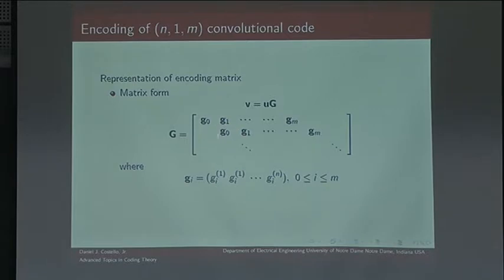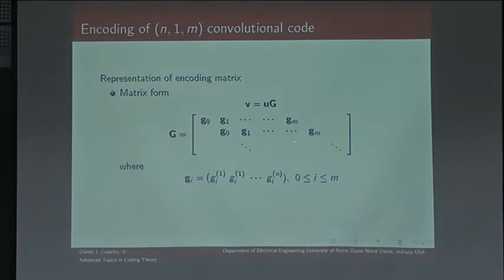The number of rows is always going to be equal to the length of the input sequence. And the number of columns: there are n columns for each input bit, and then you go an extra m time units because of the memory, and that's the total number of columns you get.